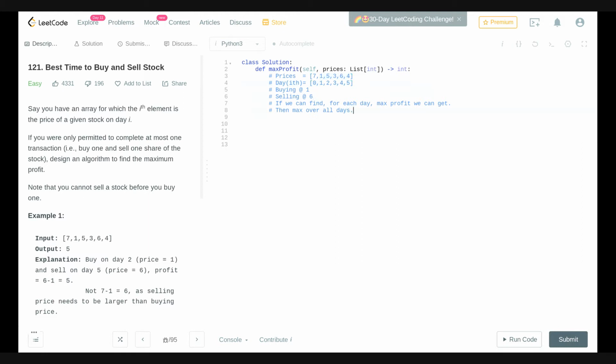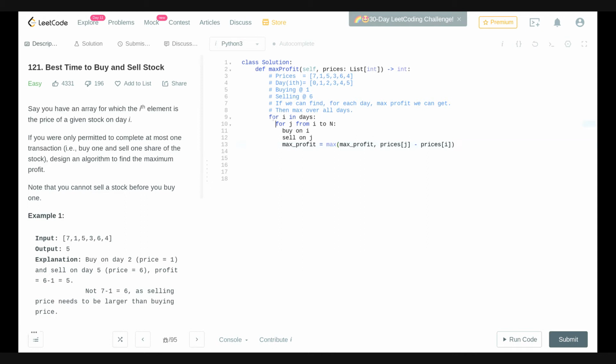This becomes a two for loop, where for each i in days and for each j from i to n, buy on i, sell on j, profit becomes prices of j minus prices of i. And we take the max profit over this. So we find the maximum profit on day i.